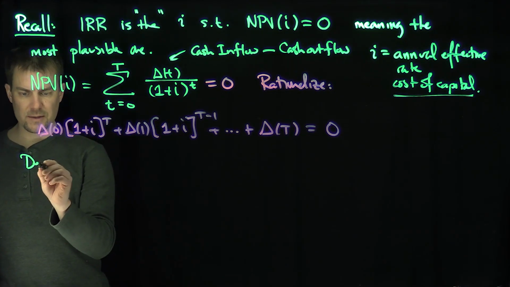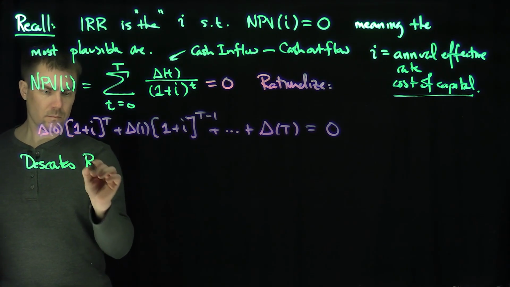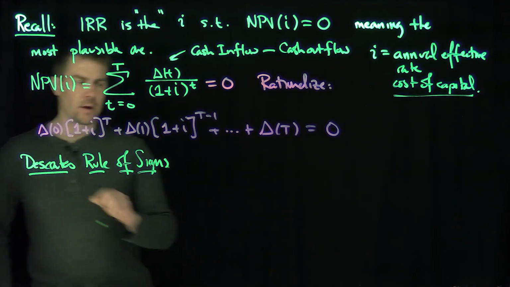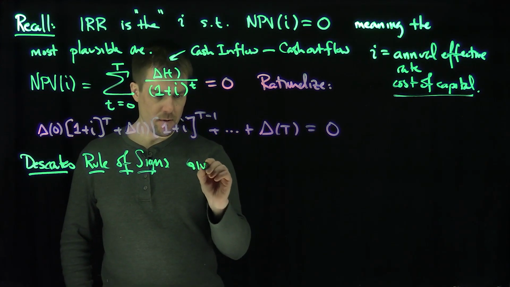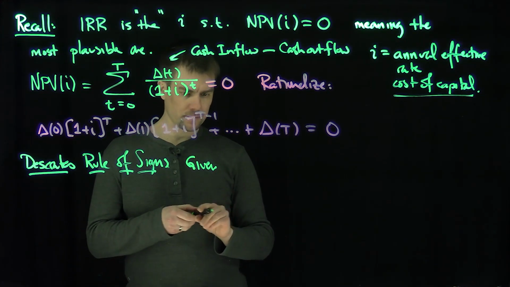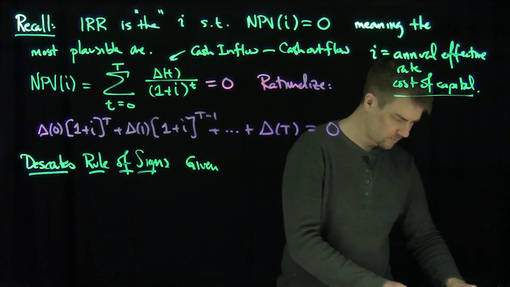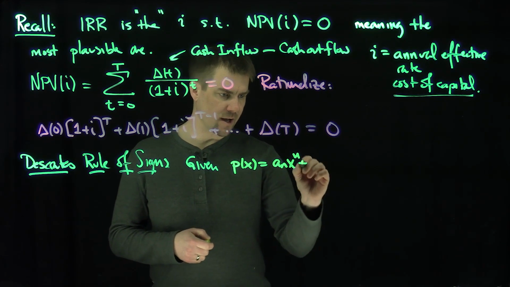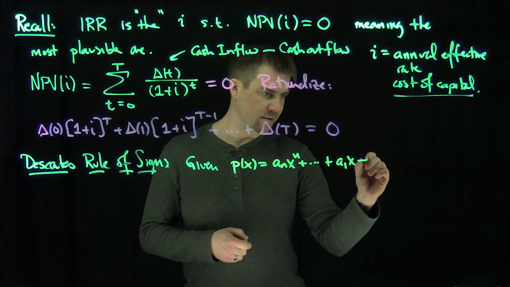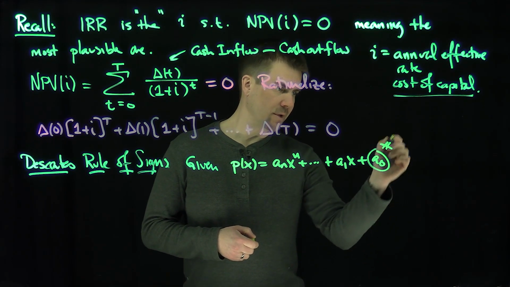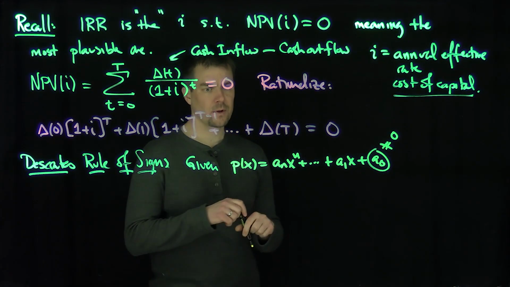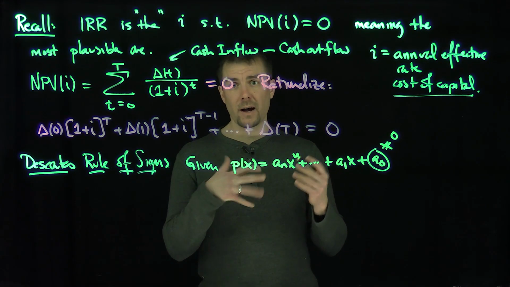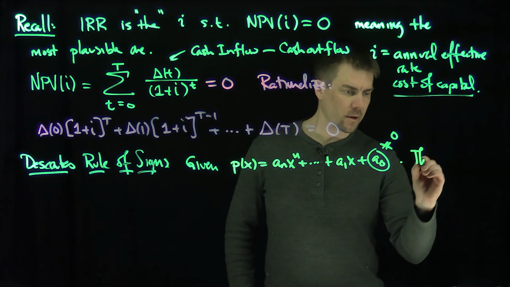This is Descartes' Rule of Signs, and what it says is that if I'm given a polynomial p of x, which is a_n x to the n plus all the way down to a_1 x plus a_0, and this a_0 can't be 0 for Descartes' rule to be true, then these coefficients can be positive or negative.